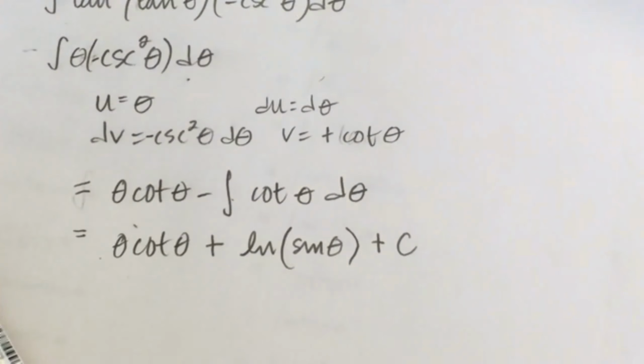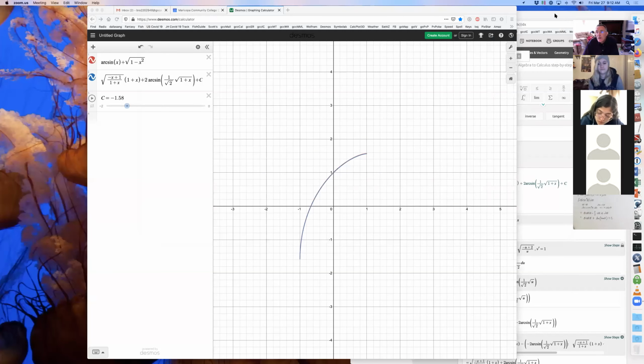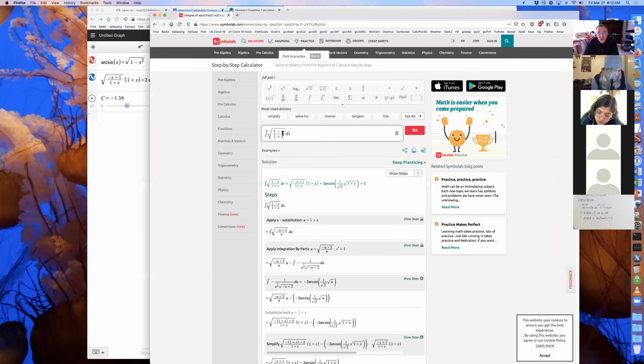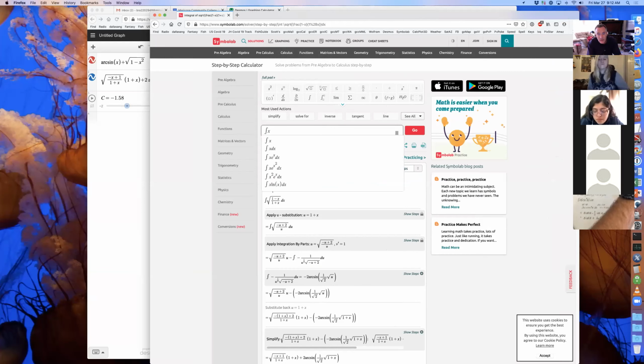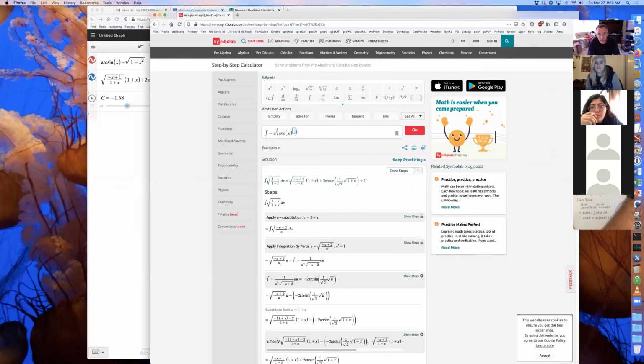Here, I'll share my screen again. You could just check this one piece at a time. You could just check the second integral if we wanted, which was, I'm going to use x, minus x cosecant of x squared dx.